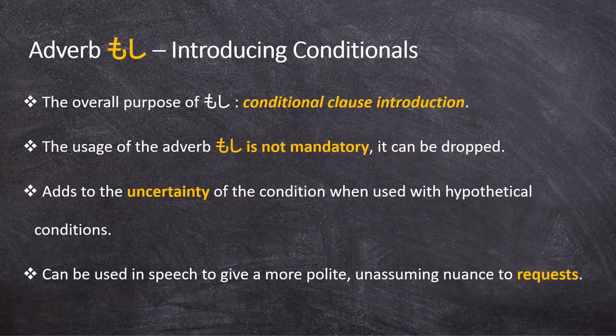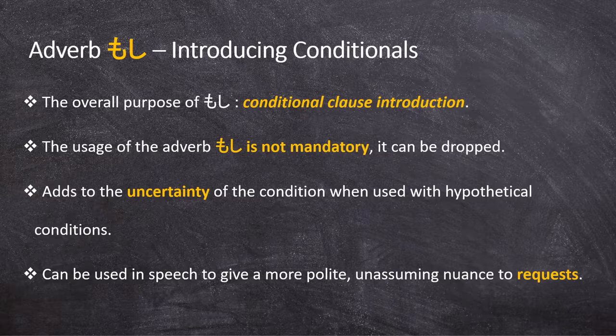So as you can see here, moshi is really flexible, and that is something that it shares with Tara. On one hand, you have moshi as a piece that can be used to introduce your sentence as a conditional one, but on the other hand, you also have moshi modifying your condition to be a condition of, let's say, high uncertainty when it comes to the happening of it, to its occurrence.